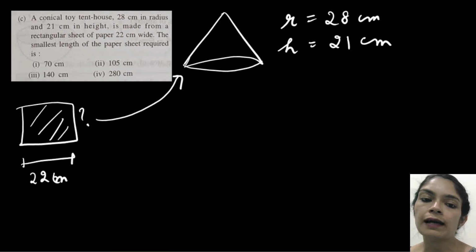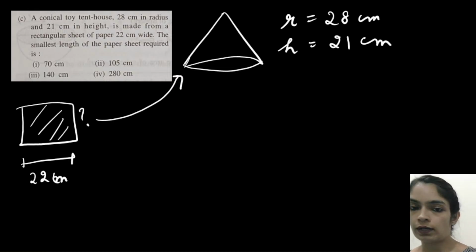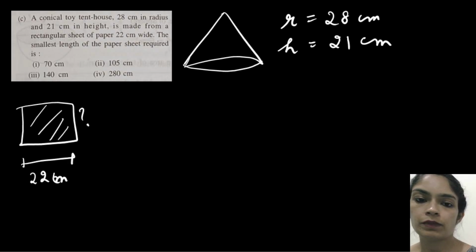If the metallic sheet is converted to some solid, then the area of the sheet will be equal to the area of this one. Now here we have to understand which area we have to use, whether total surface area or curved surface area. So first of all we'll equate.